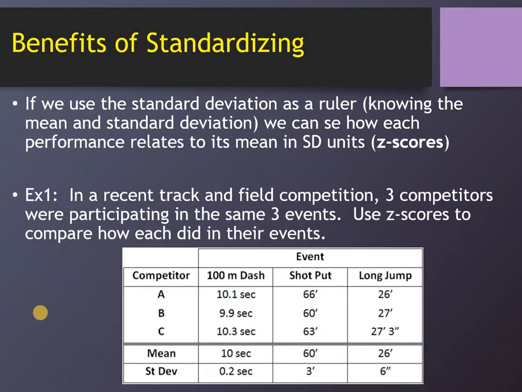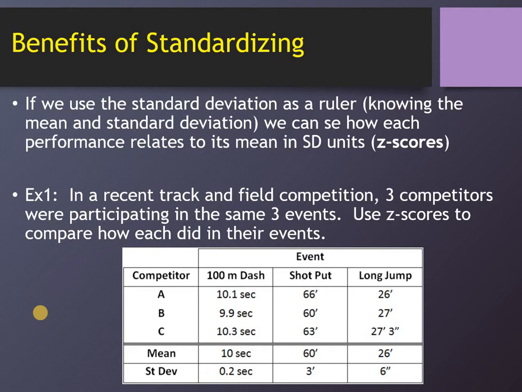So, here we have a track and field competition. Track and field is the idea of combining separate events into one, and your overall performance for all of those tells you how you scored in general. The way that you do that is you start with the idea that every event has an accepted average, like what the average speed or distance or whatever it is for participants is going to be, and they have a standard deviation calculated.